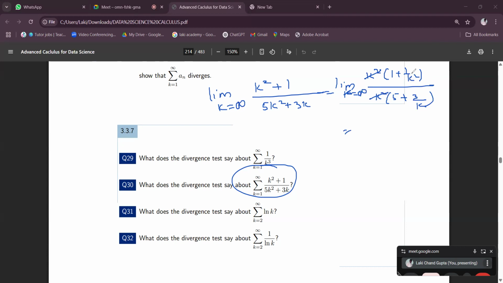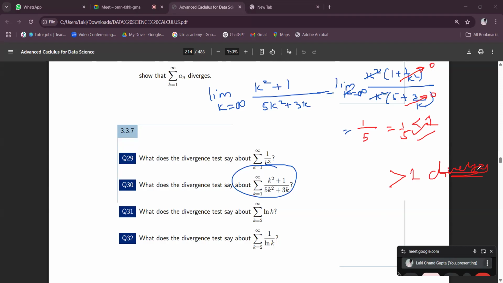Put k equal to infinity. When you put k equal to infinity, you will get 1 by infinity, which is 0. 1 by 5 is the answer. Okay. So 1 by 5 is less than 1. If the limit is less than 1, this is a convergent series. If it is greater than 1, this is a divergent series.